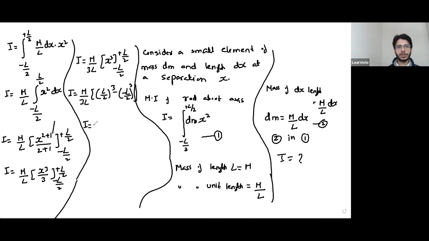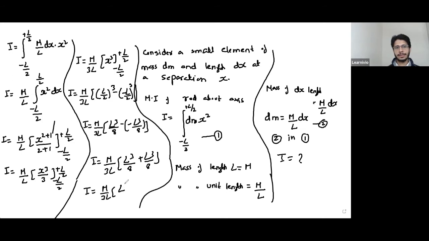So it's L cube by 8 minus of minus L cube by 8. So this comes out to be m by 3L times L cube by 8 plus L cube by 8. So the moment of inertia is m by 3L times L cube by 4. See, 1 by 8 plus 1 by 8 is 1 by 4.